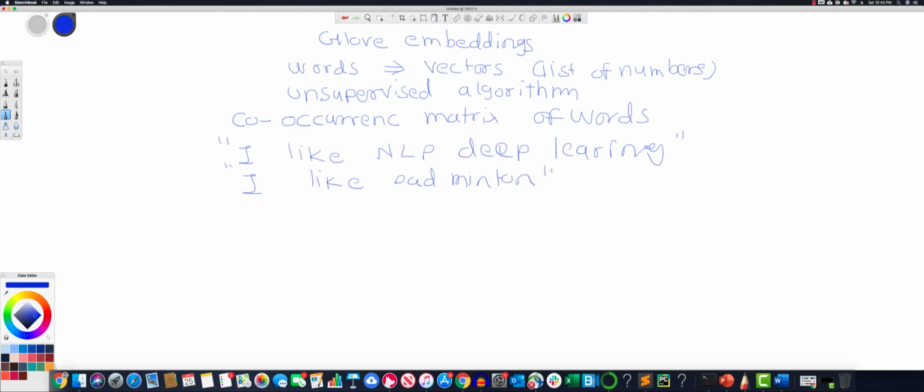Okay, then what we do is we basically compute a co-occurrence matrix as follows. So we plot the co-occurrence matrix like this.